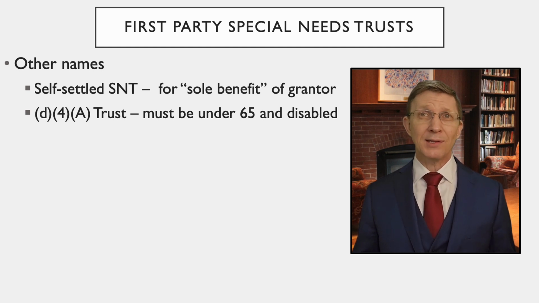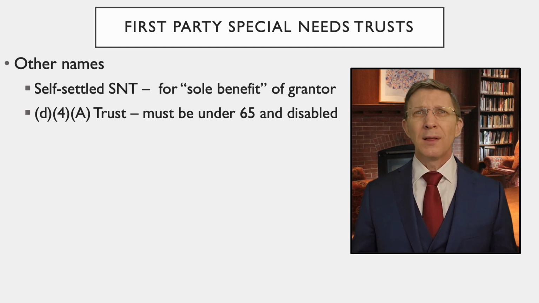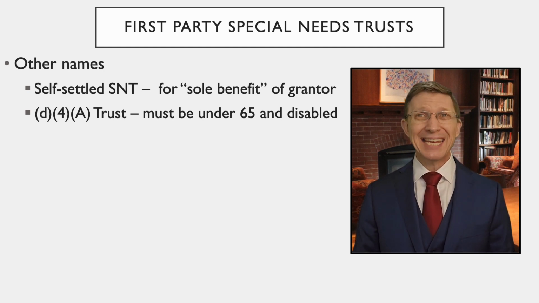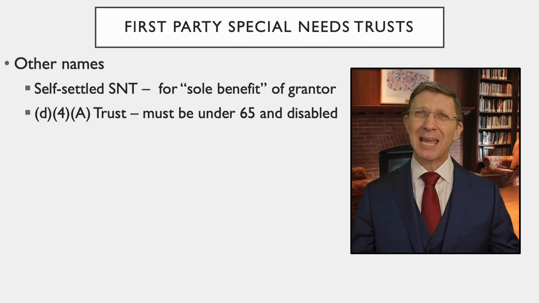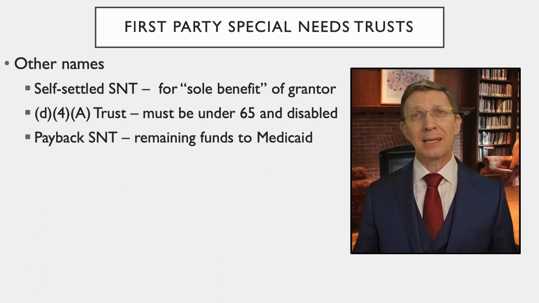This section provides that the beneficiary of the trust must be under 65 and disabled as defined by the code. This section also requires that any assets remaining in the trust after it terminates, usually by the death of the beneficiary, must be paid back to Medicaid, thereby giving the trust this name, Payback SNT.